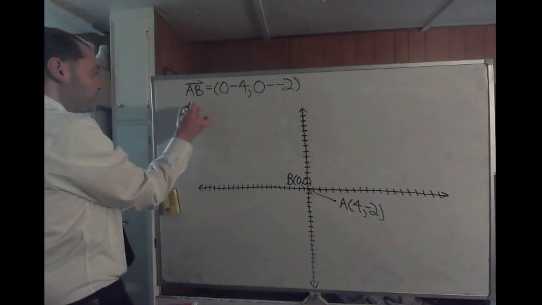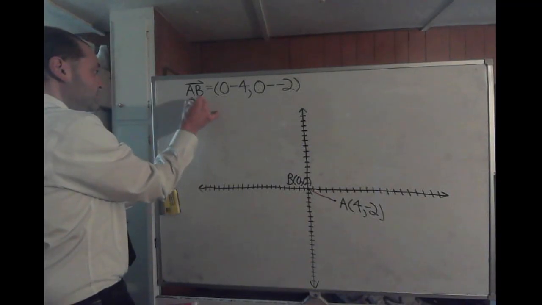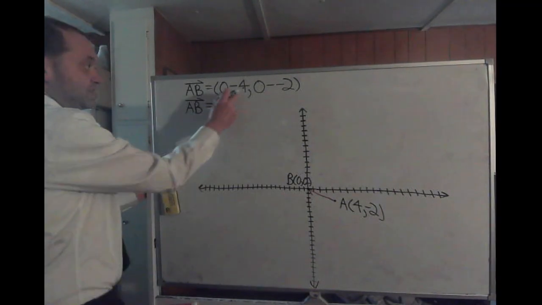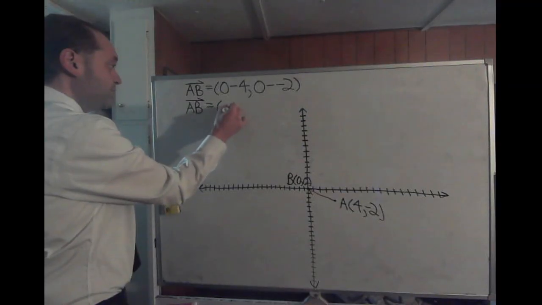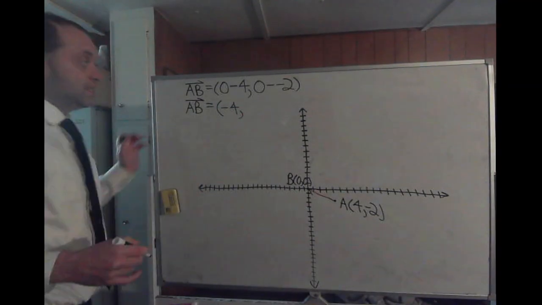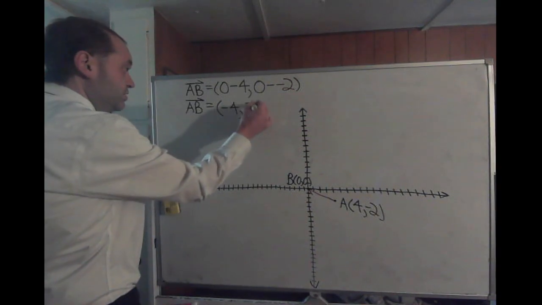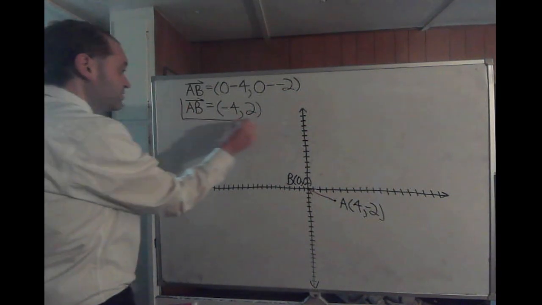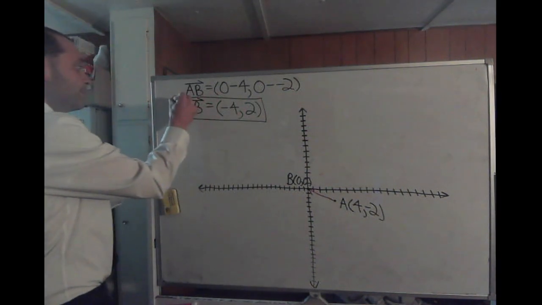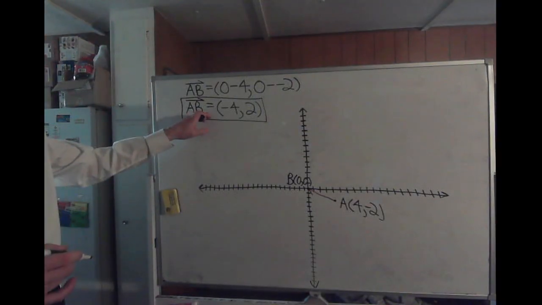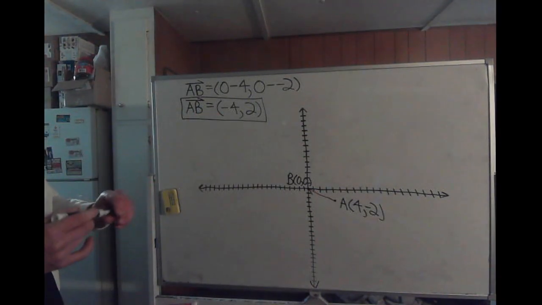So 0 minus 4 is -4. Alright, and then 0 minus -2 is 0 plus 2, which is just 2. So the value of vector AB is -4, 2.